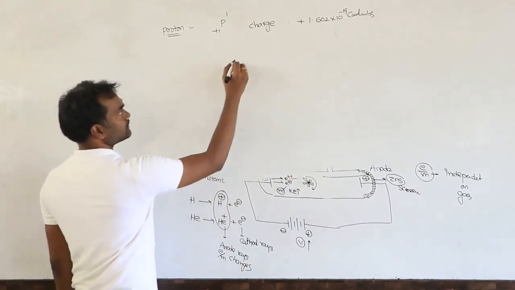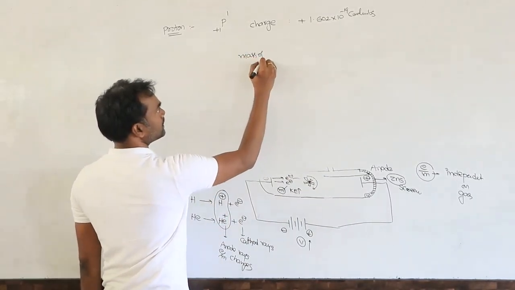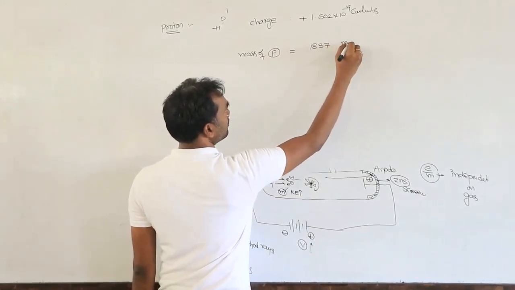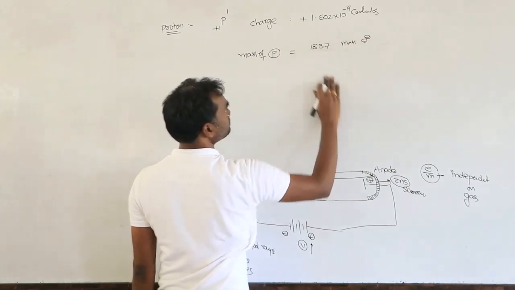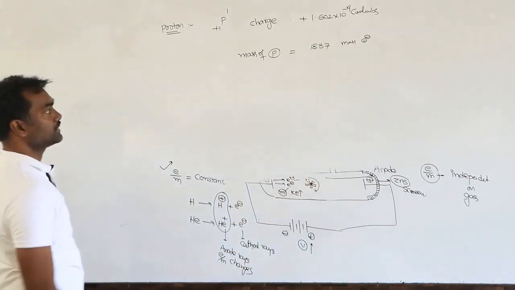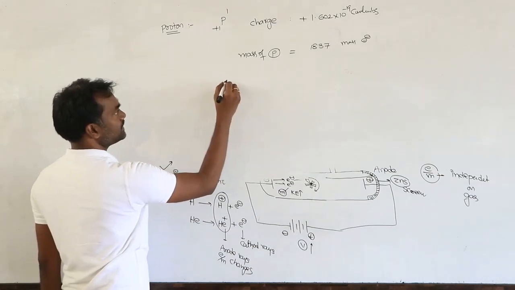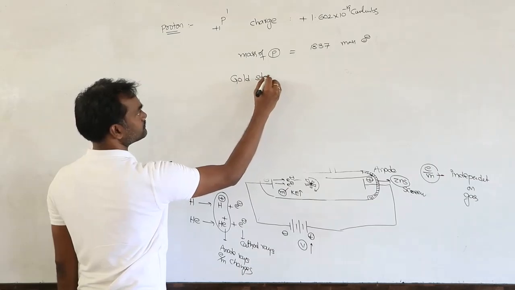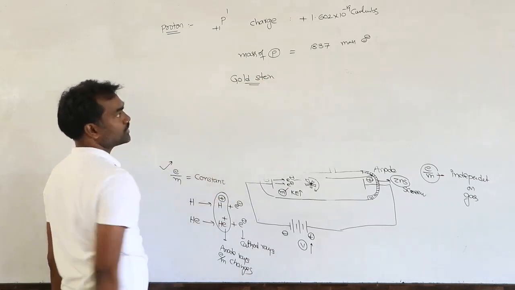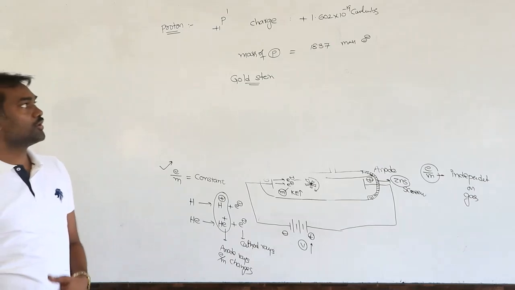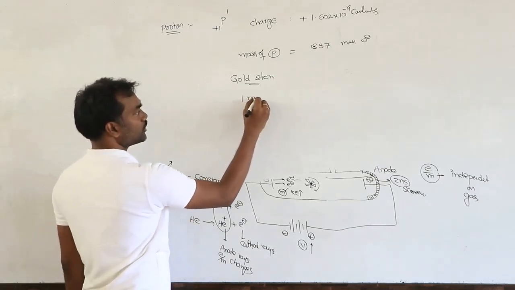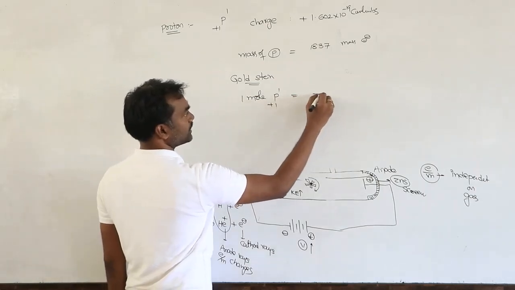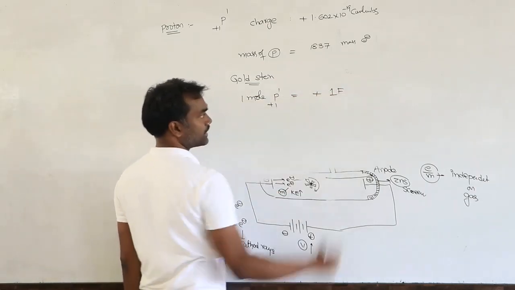The mass of a proton is 1837 times the mass of an electron. This was identified by Goldstein. One mole of protons carries the charge you can call 1 positive Faraday.